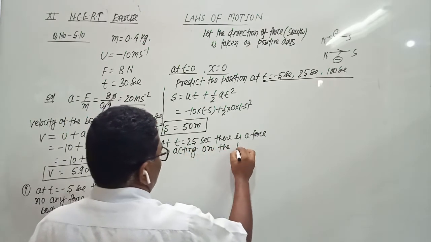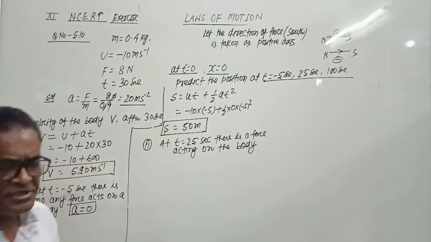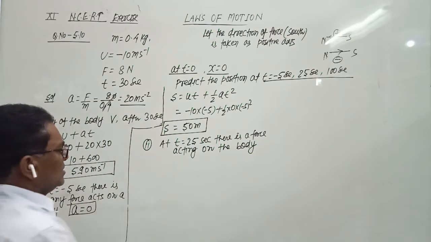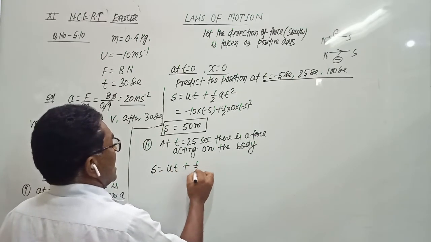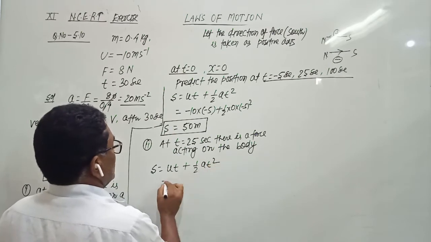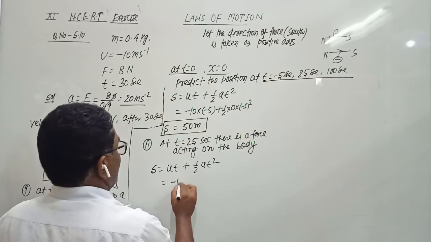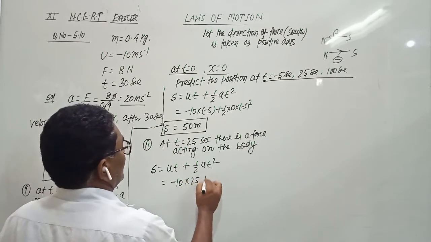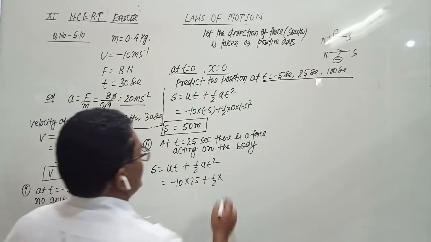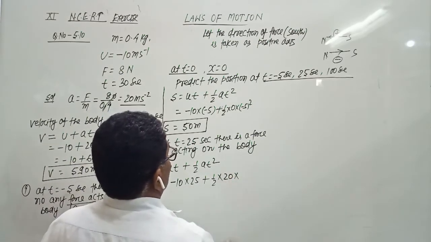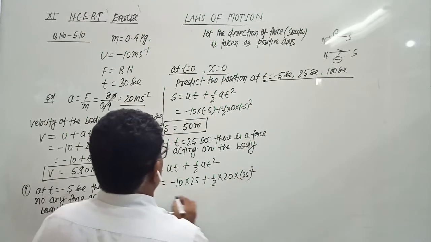And if there is a force acting on the body, it means there must be acceleration. So we use the formula S equals ut plus half at square. Initial speed u is -10, time t is 25, plus half times acceleration, which we calculated as 20 meters per second square, times 25 squared.